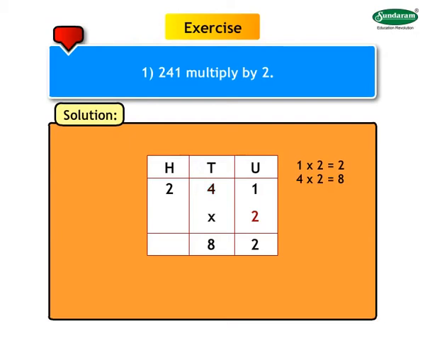Now multiply the hundreds digit 2 by 2. Write the product 4 in the hundreds place of the product. Thus, the product is 482. Hence, 241 multiplied by 2 is equal to 482.